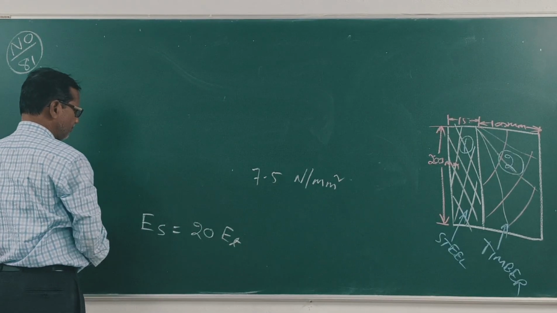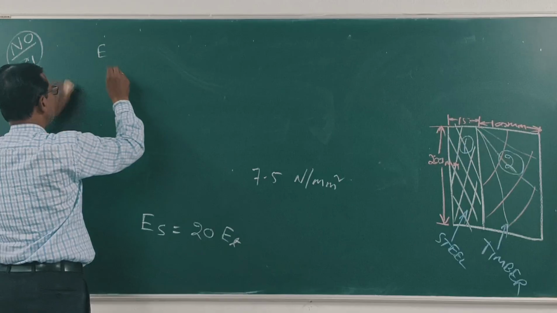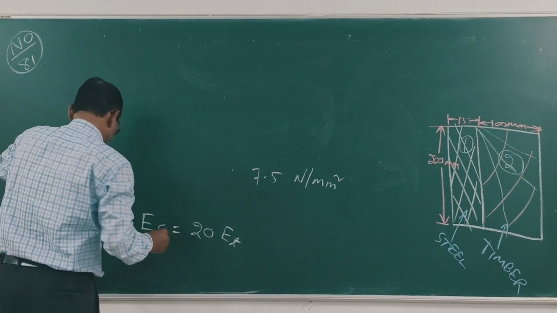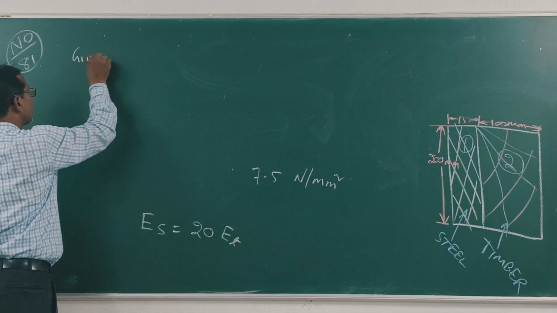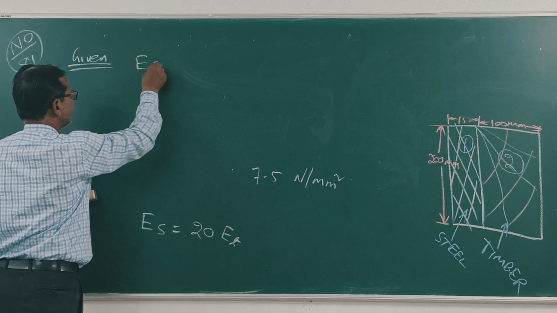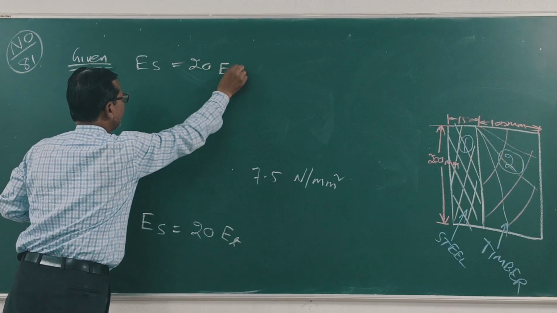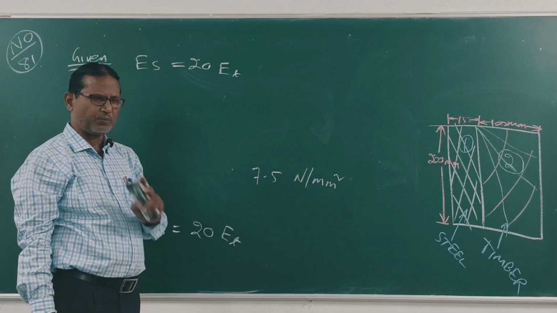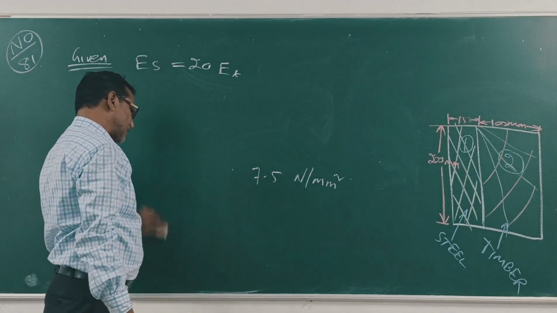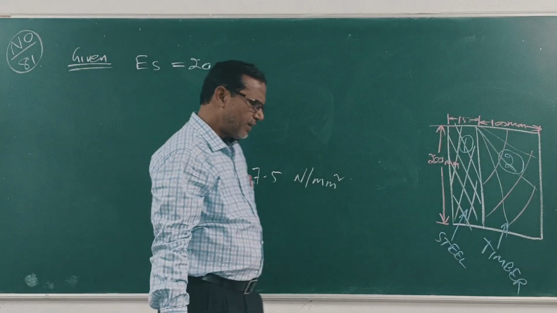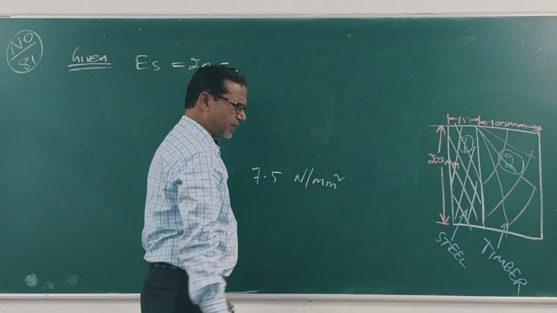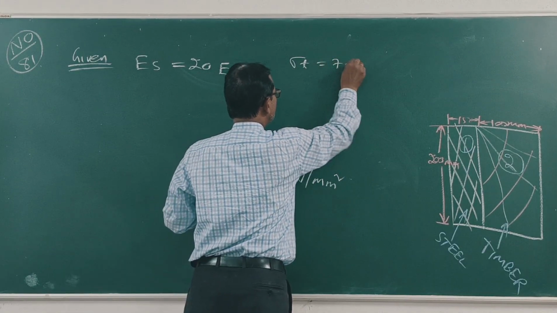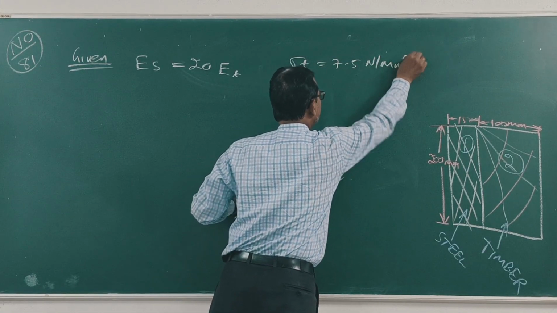Given ES is equal to 20 ET. Young's modulus for steel is equal to 20 times Young's modulus for timber. And the stress for timber is 7.5 Newton per mm square. Sigma T is equal to 7.5 Newton per mm square.